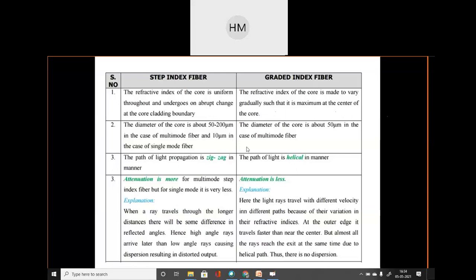Okay, students, the diameter of the core for step index fiber, for multi-mode and single mode fiber, we have discussed. Propagation of light path is zigzag. The path of light is helical for skew rays. Attenuation is more, attenuation is less.